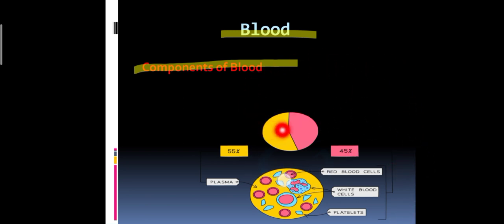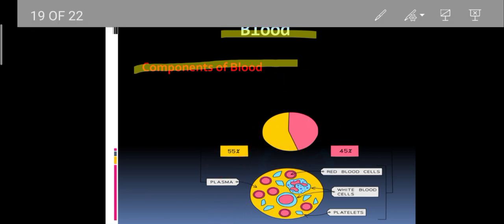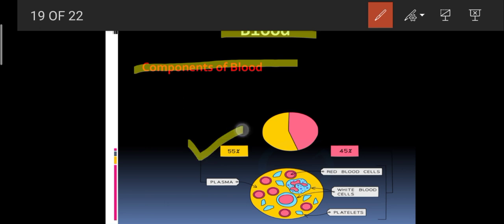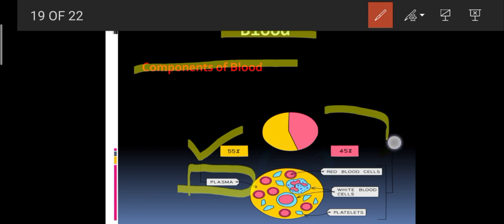Blood contains 55% plasma, while the cells make up 45%. These cells include red blood cells, white blood cells and platelets.